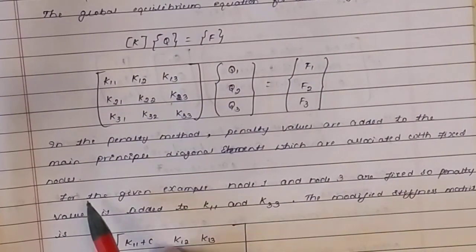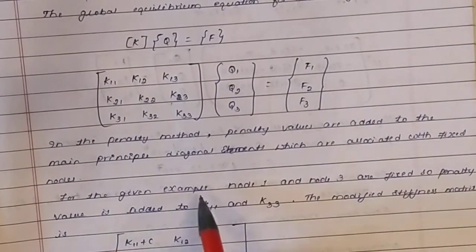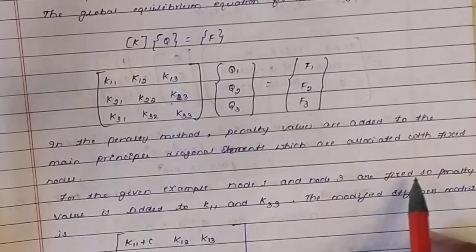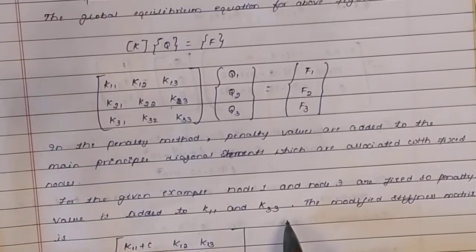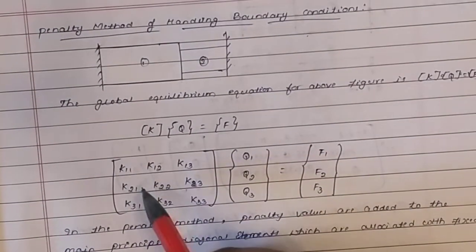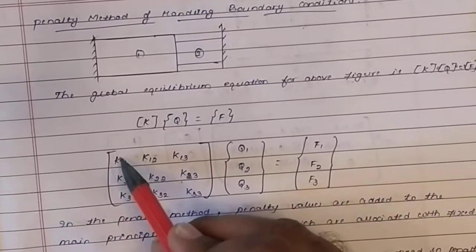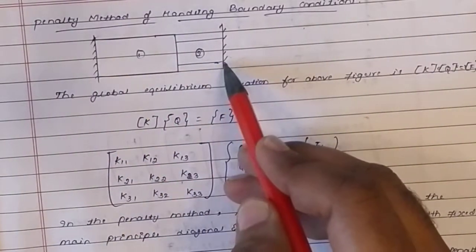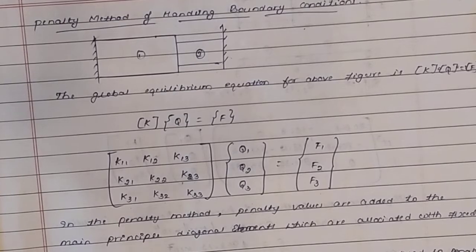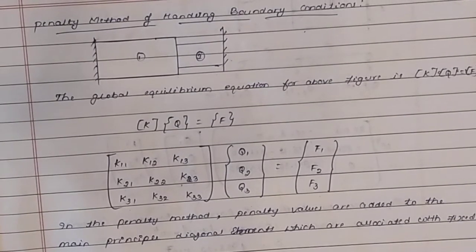For the given example, node 1 and node 3 are fixed. So penalty values are added to K11 and K33. That is the condition in the penalty method.